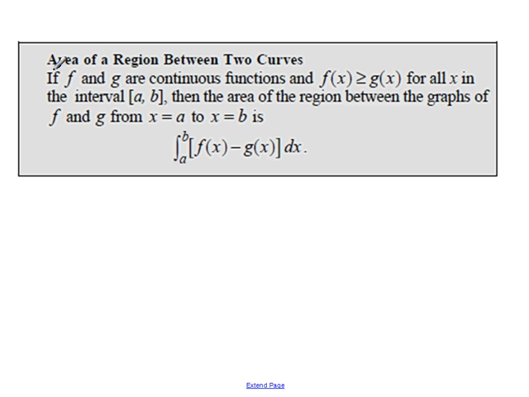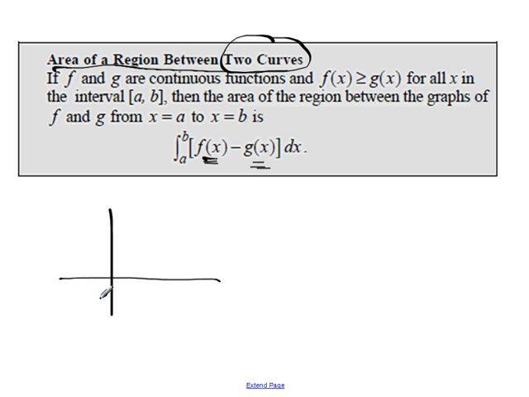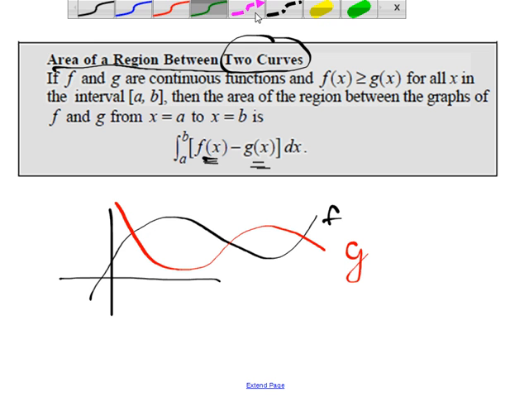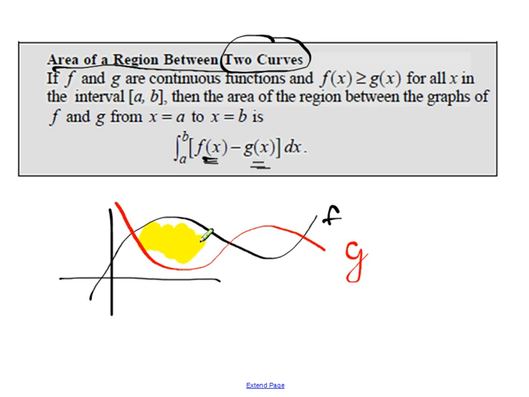Well, first of all, just to be clear, when you're looking at the area of the region between the two curves, it's mandatory that we have the greater function minus the smaller function. So for example, let's say that that's f, and this is g, and say we wanted to find this whole area right here.